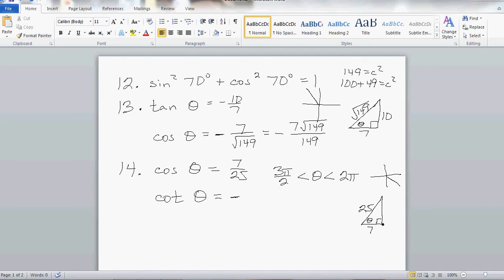Quick calculation right here. Okay, 25 squared is 625. And that will equal 49 plus a squared. Subtract 49 from both sides, and that is 576 equals a squared.